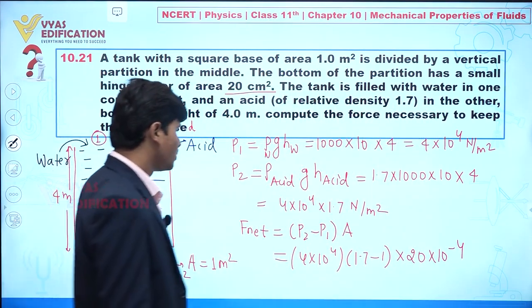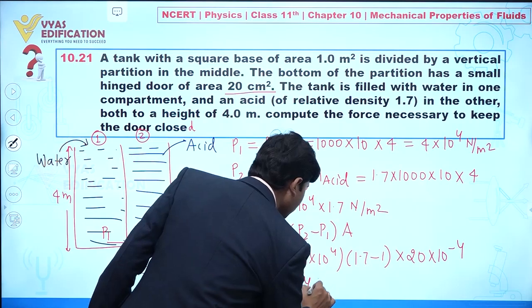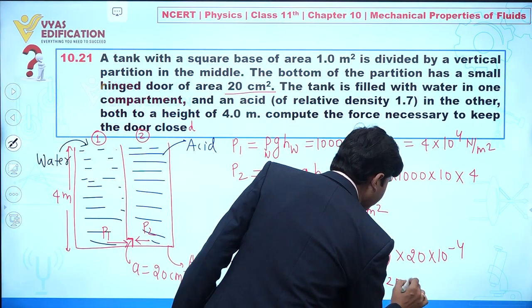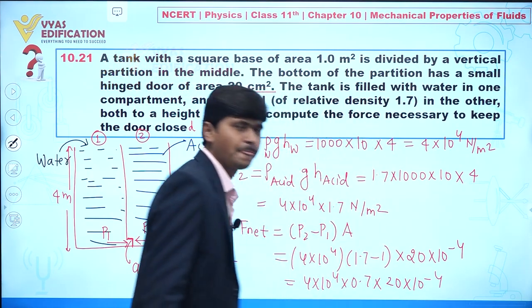So this is 4 into 10 to the power 4 multiplied by 0.7 and by 20 into 10 to the power minus 4.